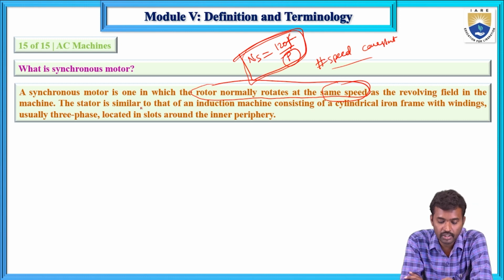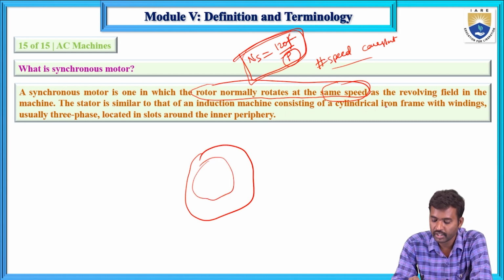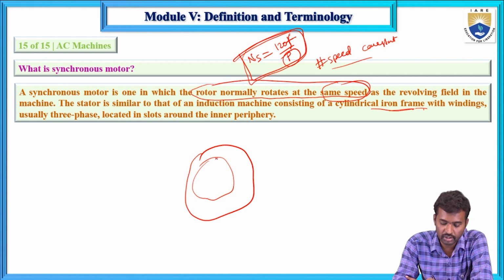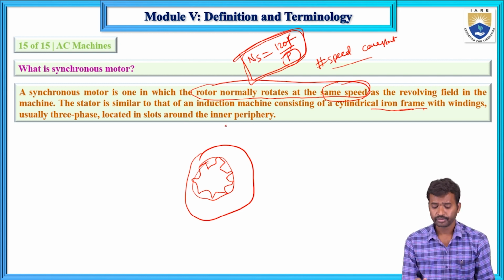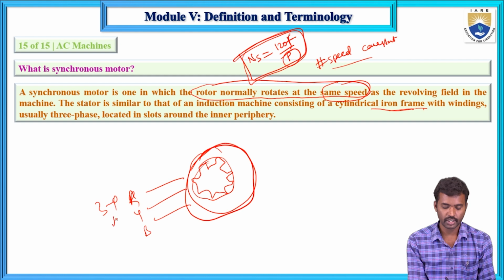The stator is similar to that of the induction motor. These are the slots, and it consists of a cylindrical iron frame, that means cast iron, with the stator winding. It is usually three-phase and located in the slots around the inner periphery, like the one I drew in the previous question.